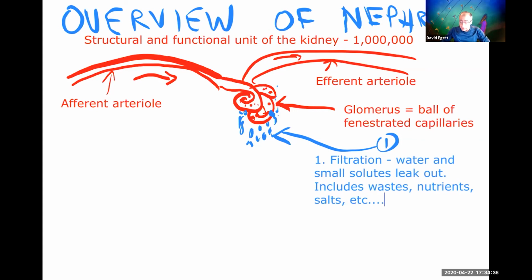You're making all of this filtrate, and it includes good stuff and bad stuff. And in fact, the amount of filtrate being formed is going to be 10% of the flow coming in. In fact, this is worth doing here.